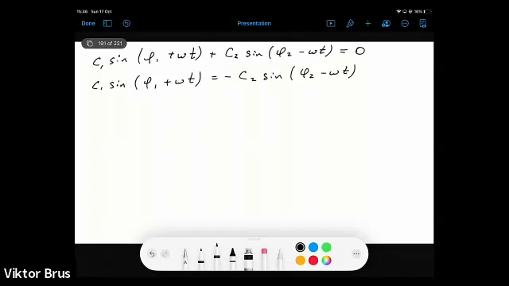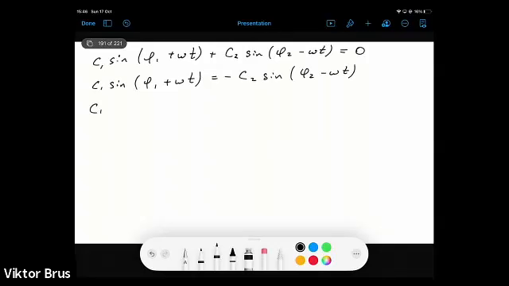So now we can put this minus in front of C2 into the argument of sine, and we can change the sign of the argument of sine, in order to get rid of this minus in front of C2.